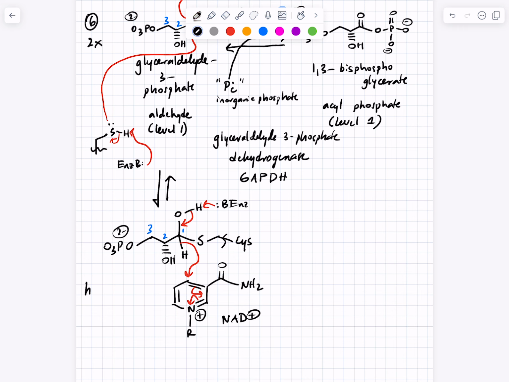By the way, this intermediate looks like a hemiacetal, only the OR group is a thiol instead of an alcohol, so we call it a hemithioacetal. But when that reaction happens, it oxidizes the hemithioacetal to the oxidation state of thioester.